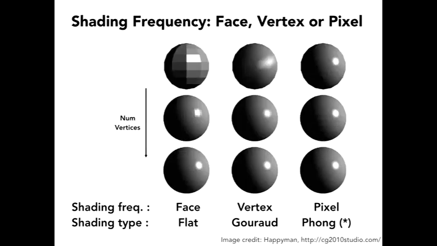And so if you look at this page here, it just shows a bit more detail. Down the page, we're showing the same sphere, but tessellated, turned from a sphere into a polygon mesh with more and more triangles, more vertices going down.